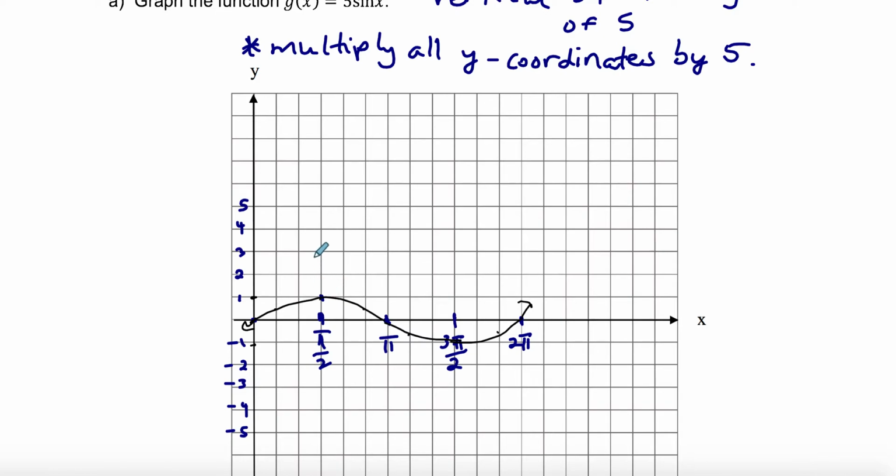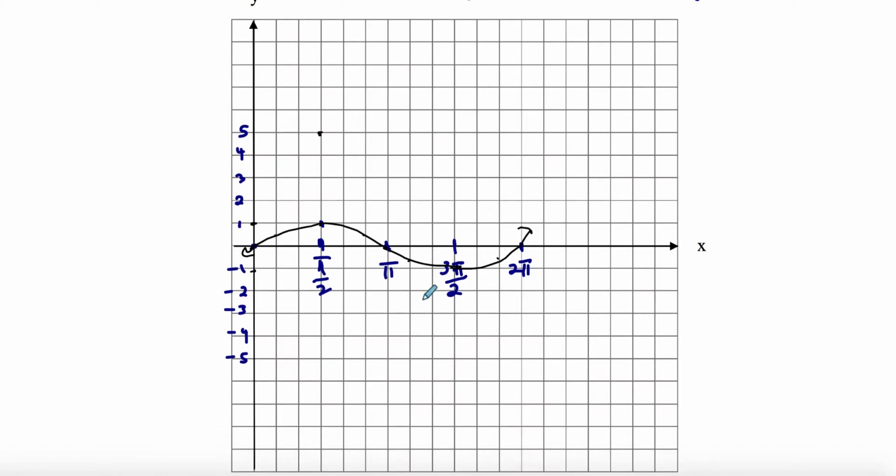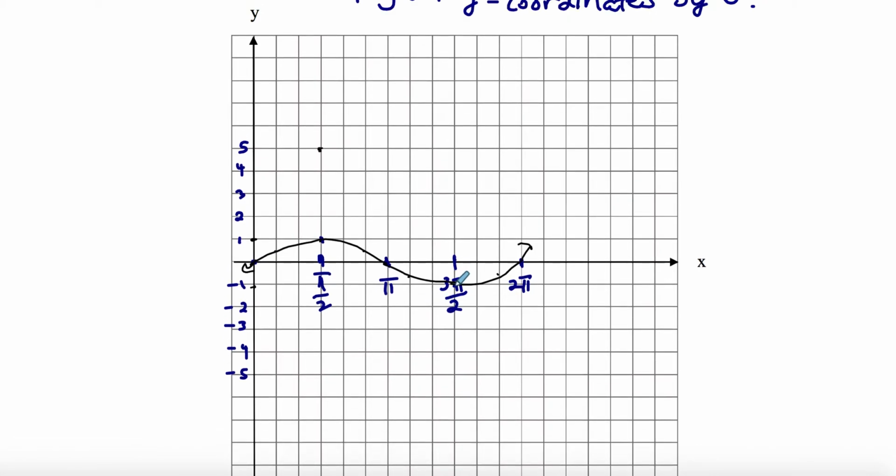If I multiply that by 5, it's going to be up here. If this y value is 0, it's still 0. 0 times 5 is 0. If this y value is negative 1, negative 1 times 5 is negative 5. And if this y value is 0, it's still going to be 0. And there we see a vertical stretch by a factor of 5.